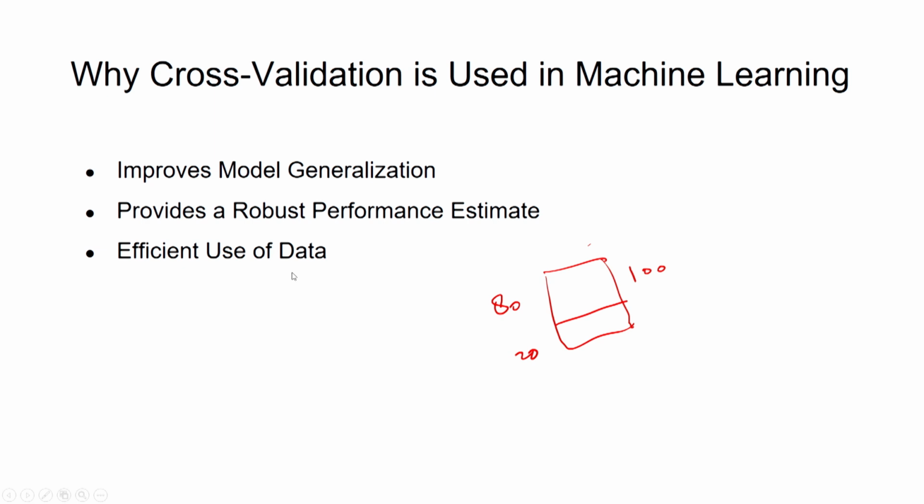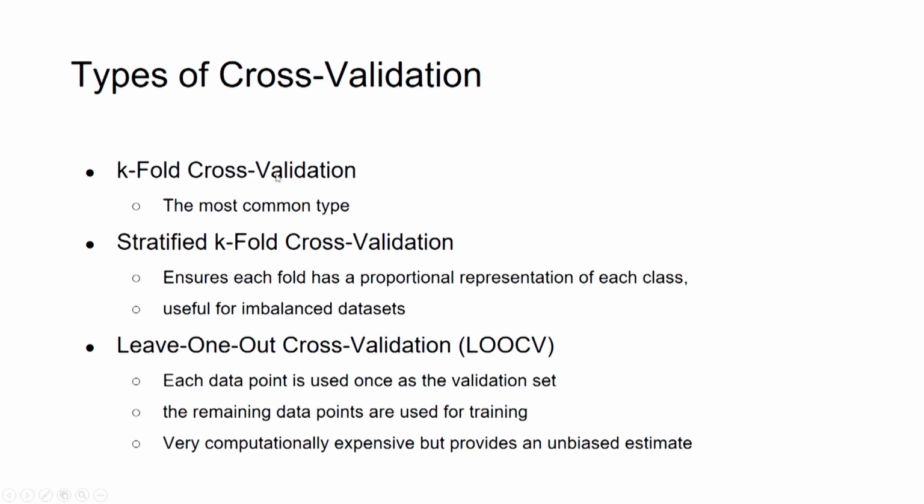We try to get a model that is more generalizable. These are different types of cross validation. K-fold cross validation is what we just talked about. In that case, your data set is divided into k folds, and we do k iterations. In stratified k-fold cross validation, in each and every fold, we ensure that each fold has a proportional representation of each class. Generally we have the problem of imbalanced data sets.